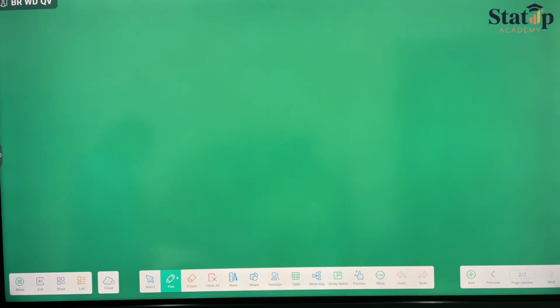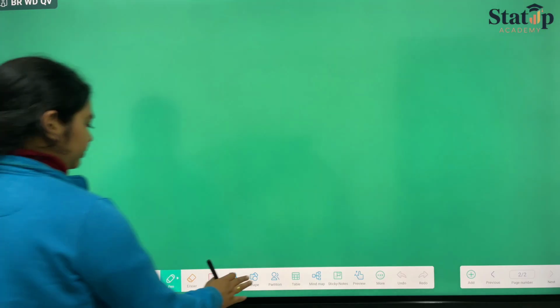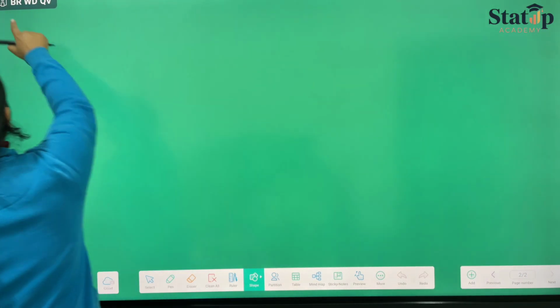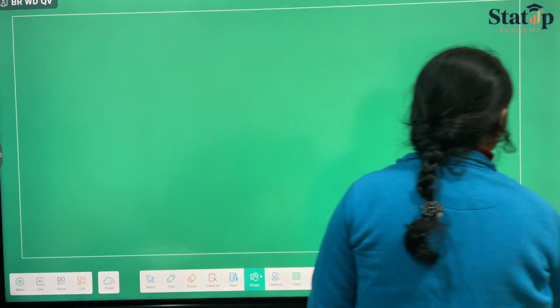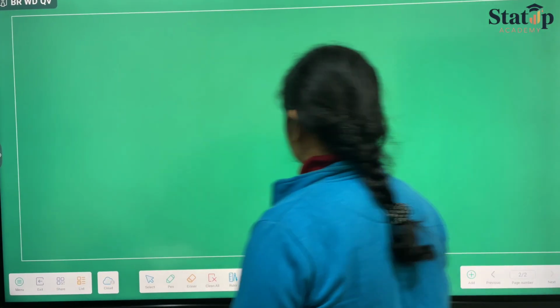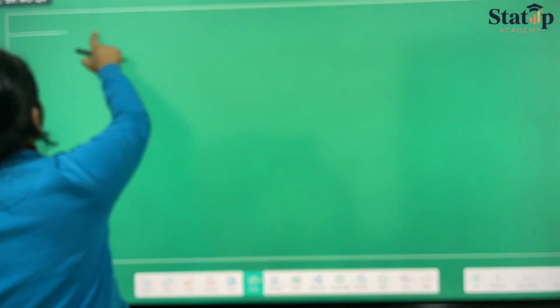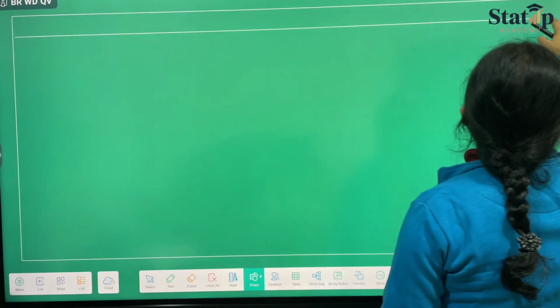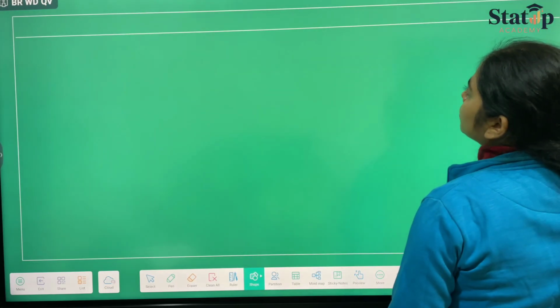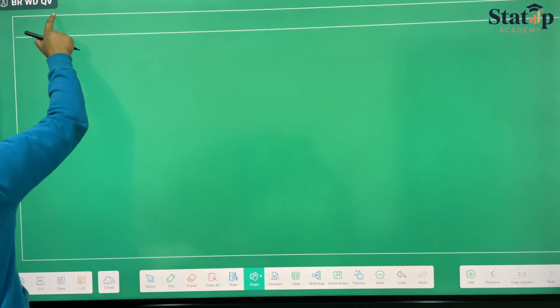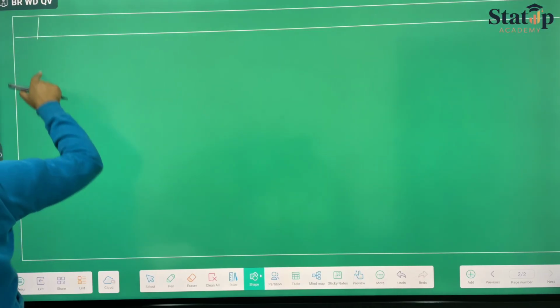So let us make the chart. These are quarters.